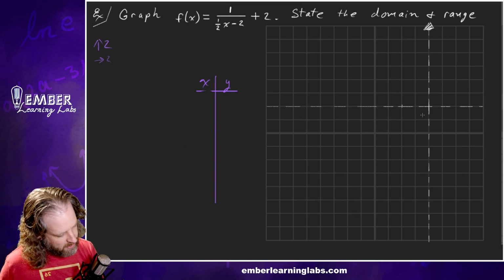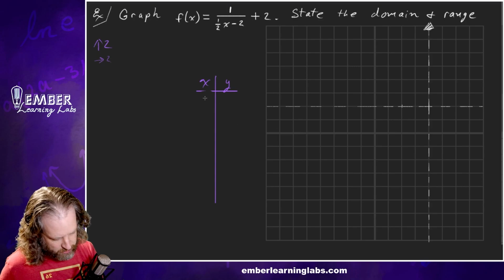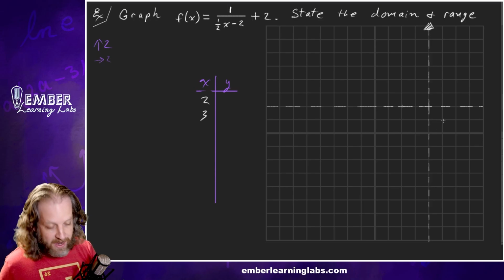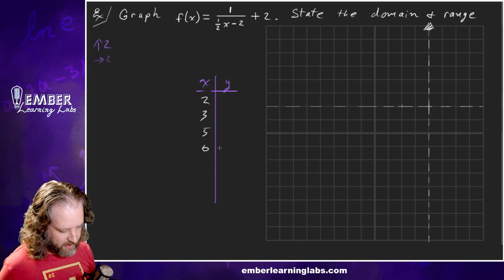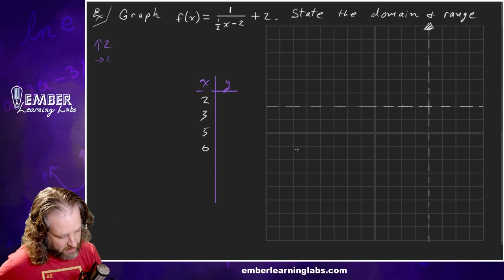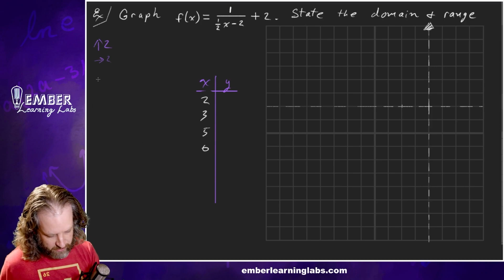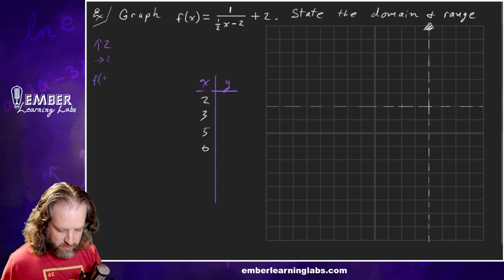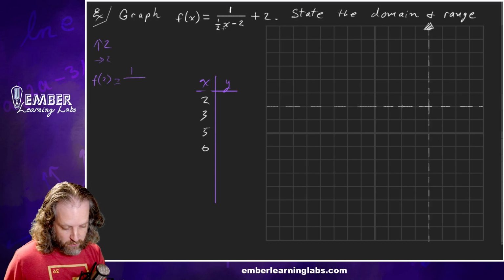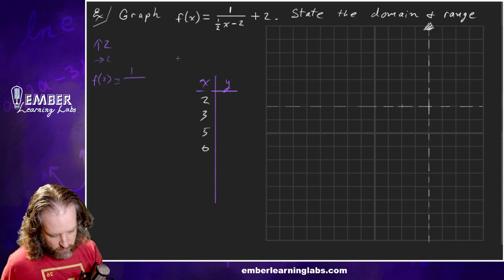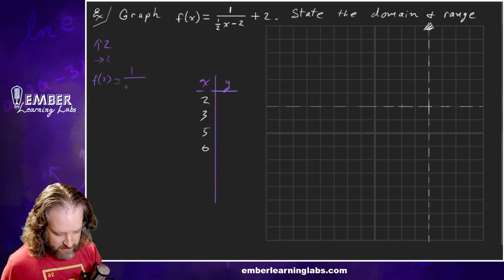Let's pick a positive 2, positive 3, positive 5, and positive 6. Right? So here we go. Let's try again. Take 2. We're going to find f of 2 equals 1 over 2 times 1/2 is 1. 1 minus 2 is negative 1 plus 2.